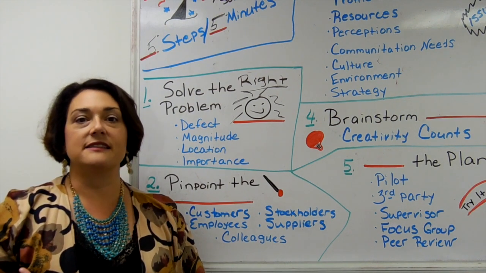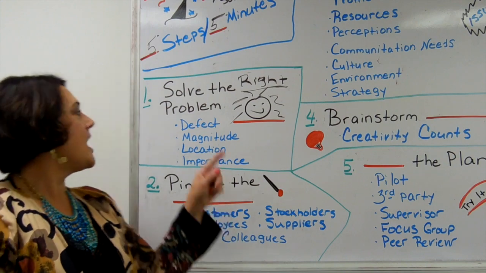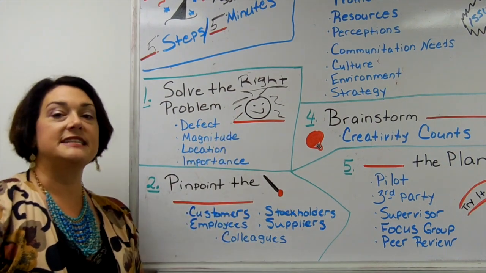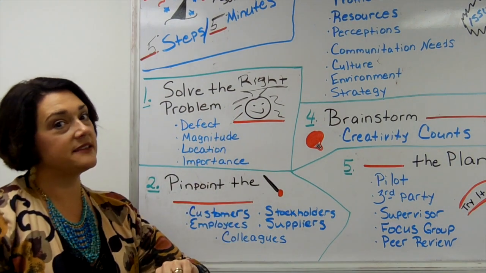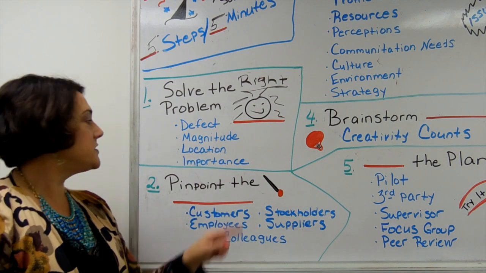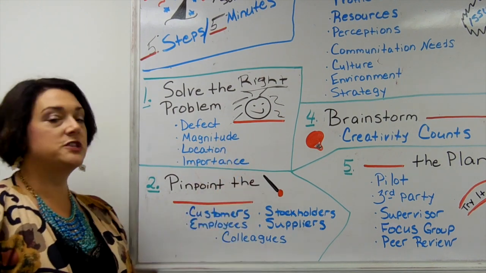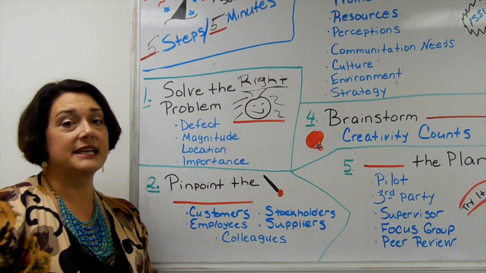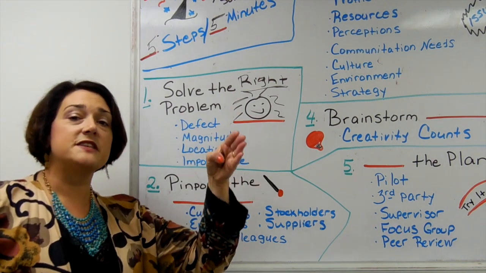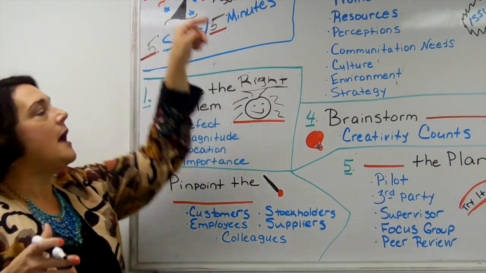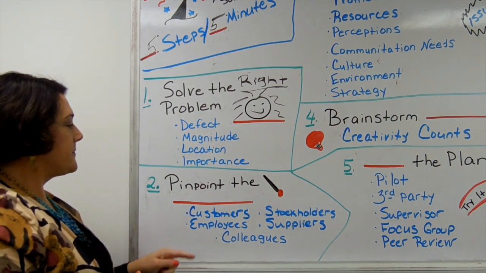Wow, that is a lot going on in that problem statement. But as you see, it describes the defect, budgets are tight this year, the magnitude, the location here in Fredericksburg, and how important it is. 2 opposite ends of the spectrum that we have to solve for makes it really wicked and scary.